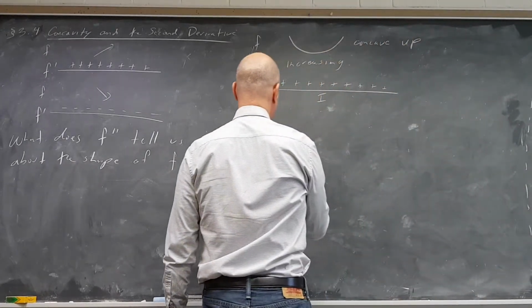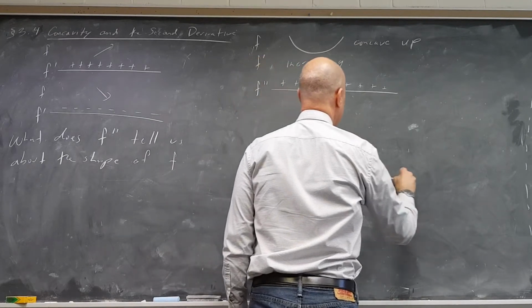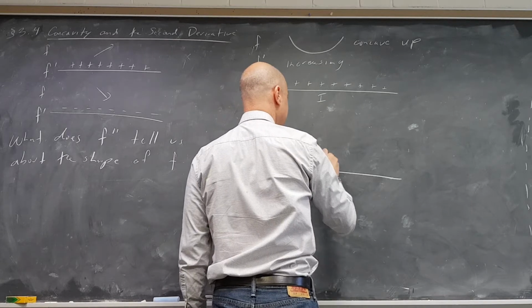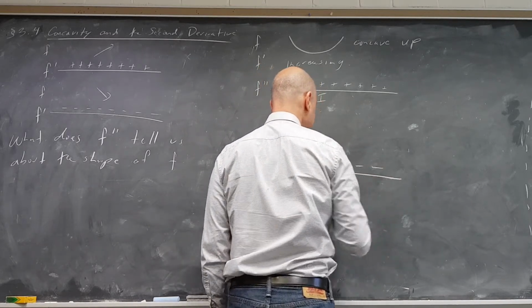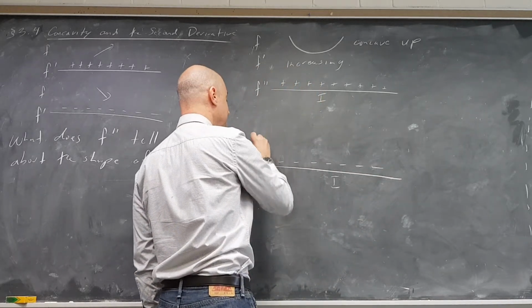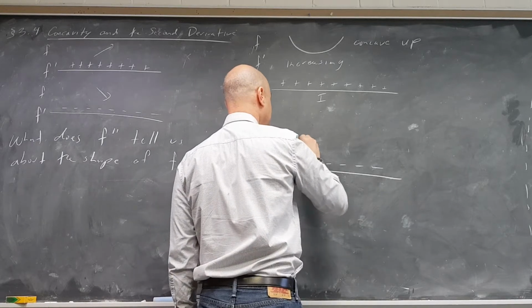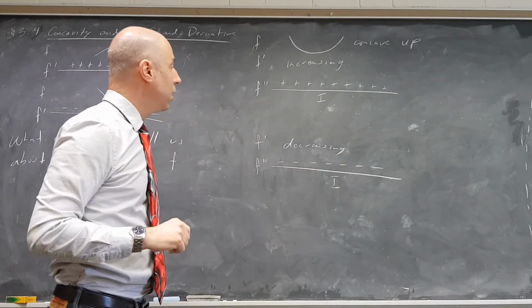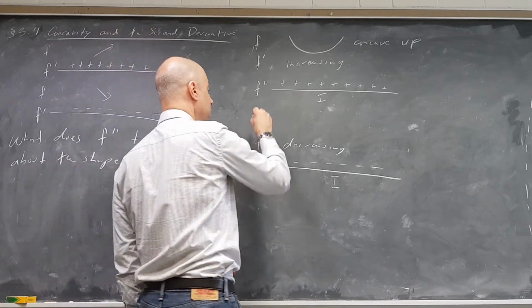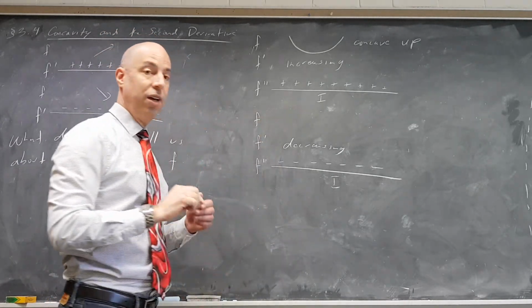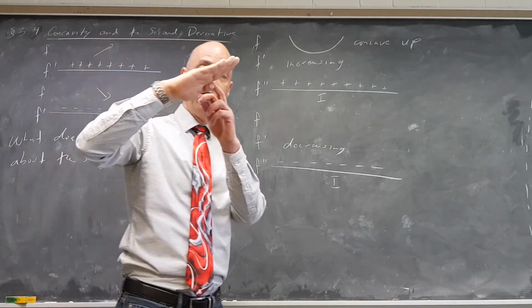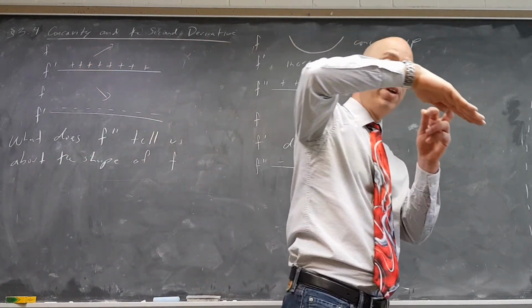If, on the other hand, the second derivative is negative on an interval, then what that means about the first derivative is that it's decreasing. And so, the original function's tangent line is becoming less and less positive and more negative.